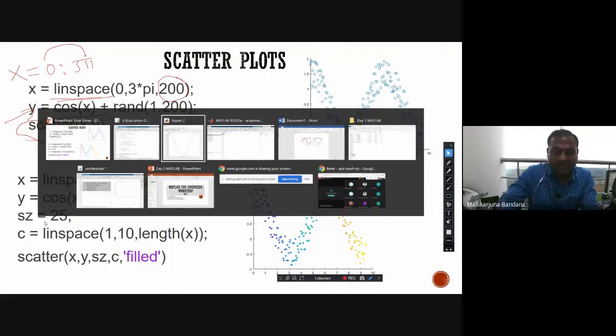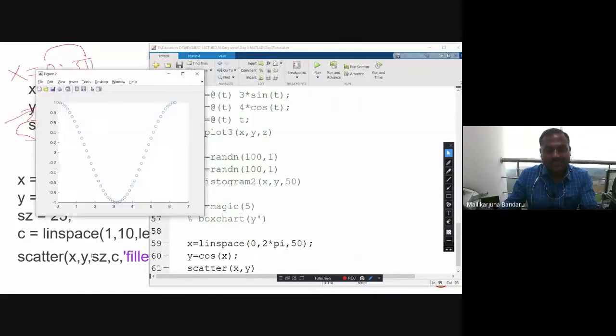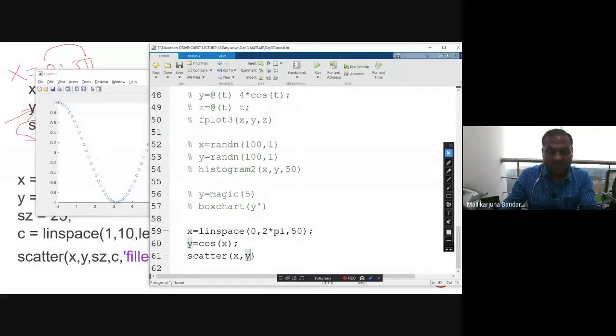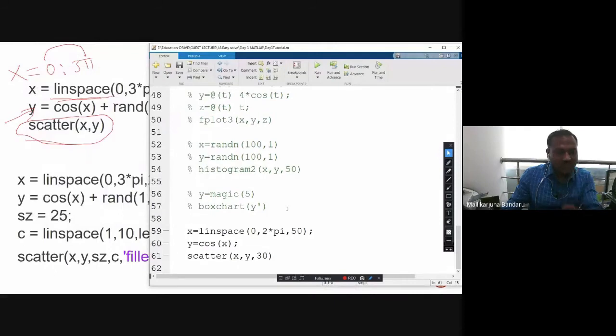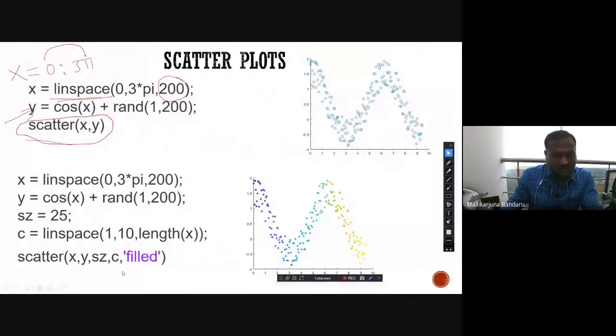Simply take the size, scatter x, y, of, suppose let me take 20. 20 is not showing much, right? Let me take 30, suppose. Oh, I think it has to link with color. c is equal to linspace, it should be filled. It is right.